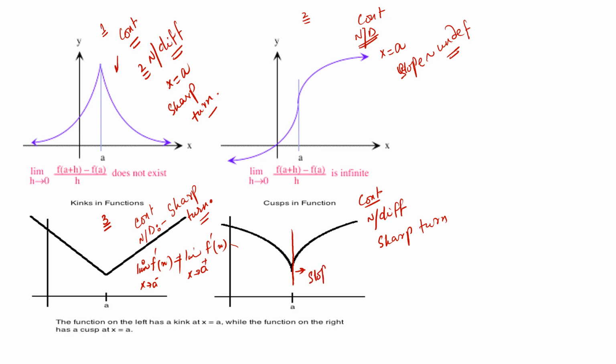So here at this point, the slope is undefined. So the points of non-differentiability or discontinuity must be defined also to clear all the concepts. So here, not differentiable at x equals a.